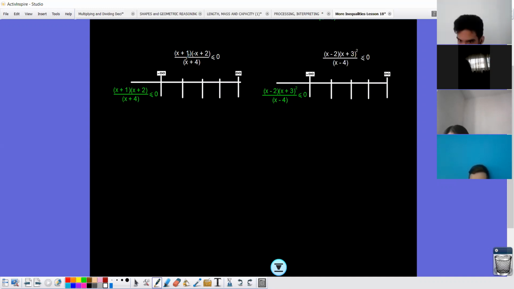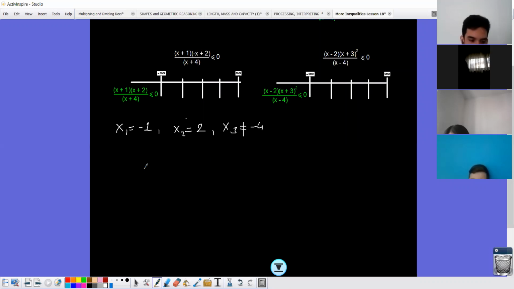So what will you write instead of x to make it 0? Minus 1. So x1 will be minus 1. x2 is 2, because we have minus here. And x3 is minus 4. But because this one is in the denominator, it cannot be.